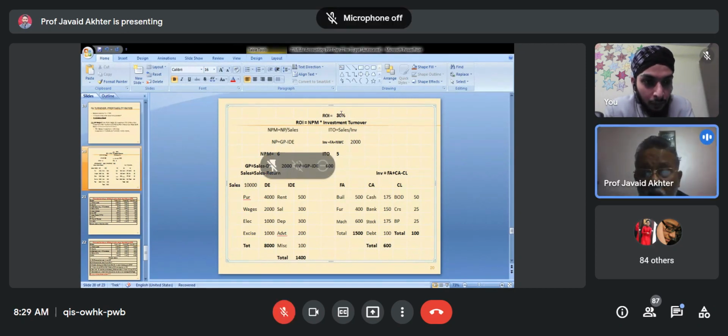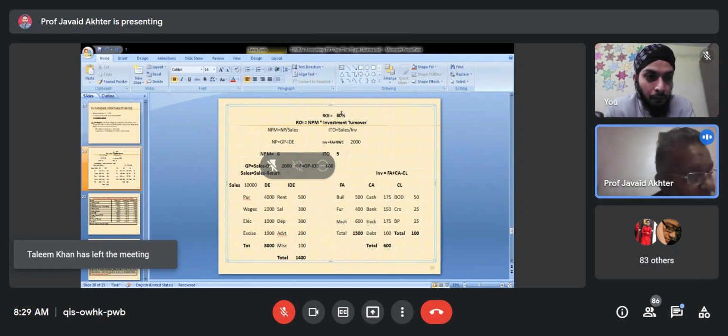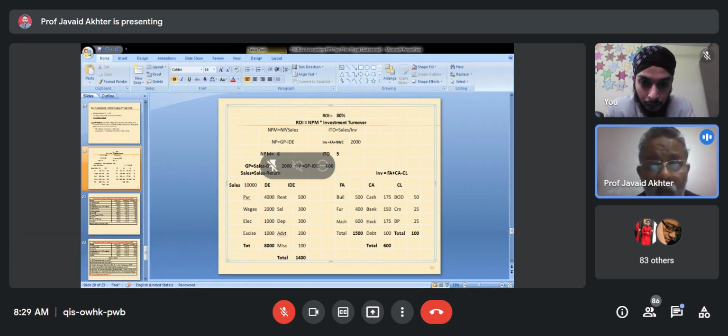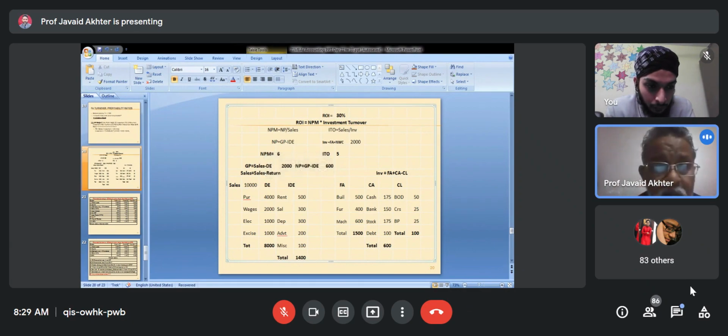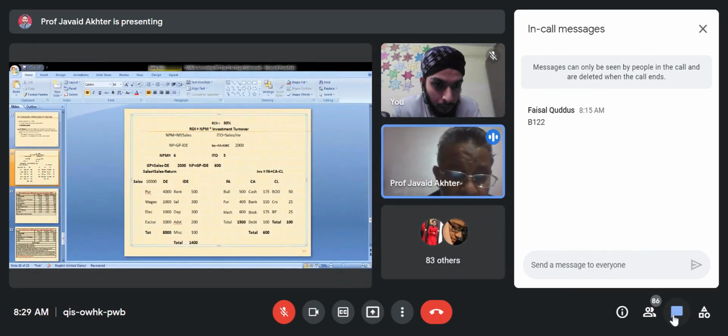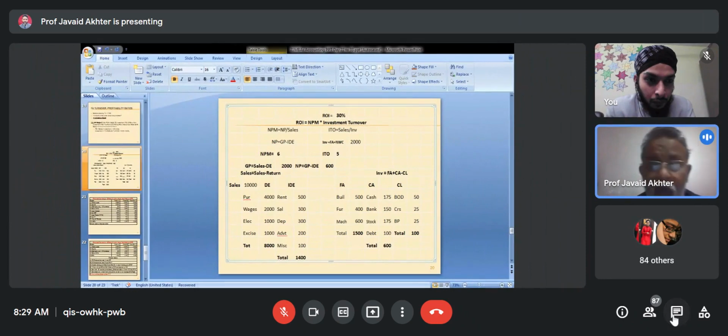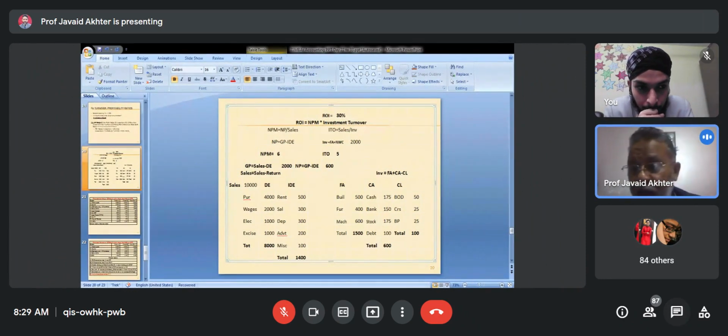Now the task before you is that as and when you are able to get time, as and when your classes are over, you sit down with an Excel sheet. You open a file in MS Excel, enter the data of your choice, any data of your choice, correct?